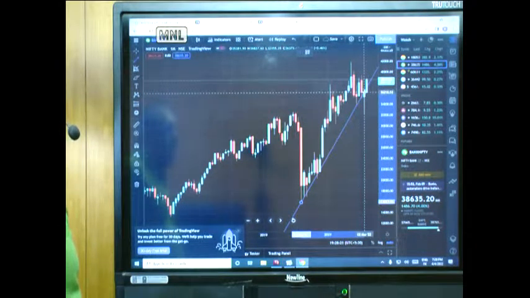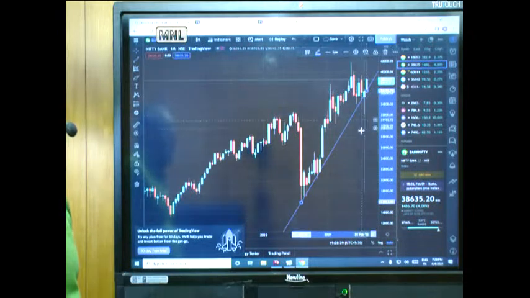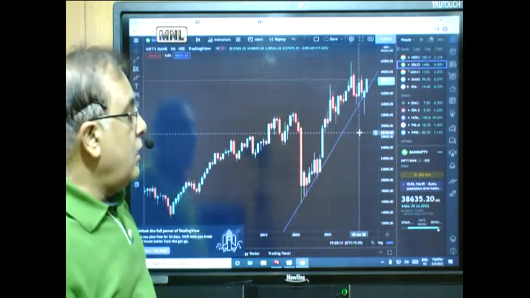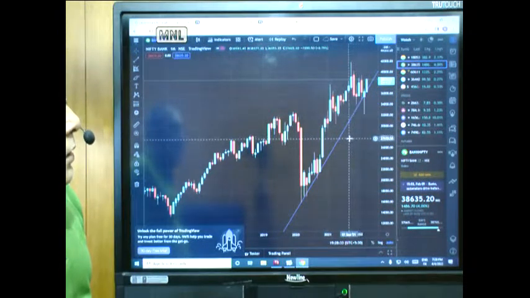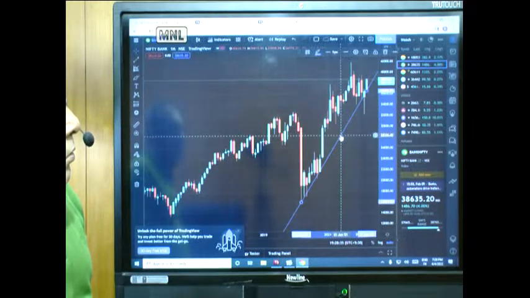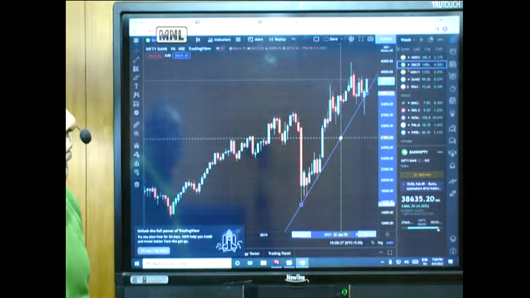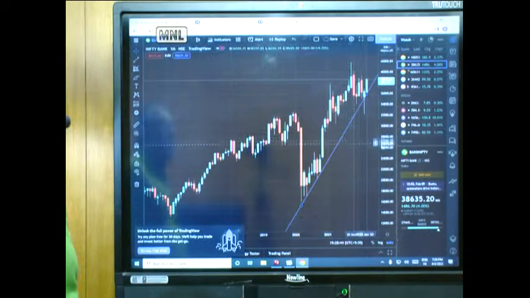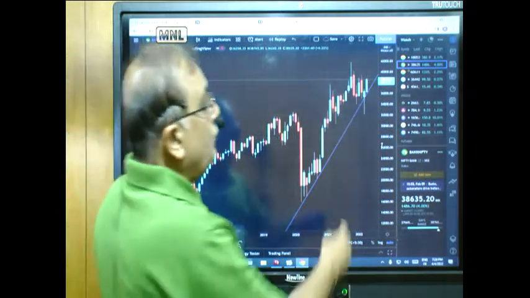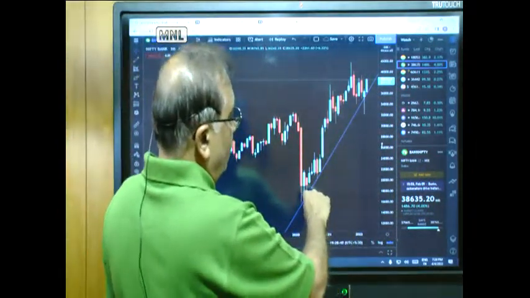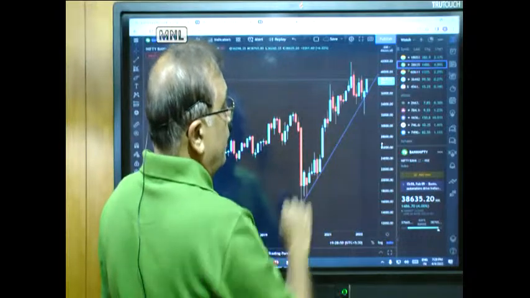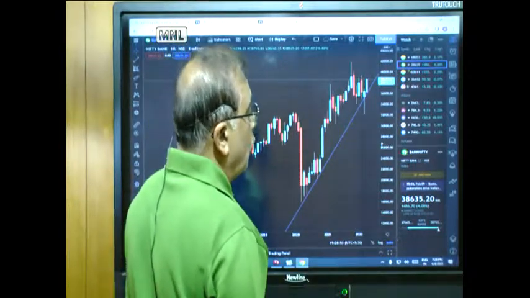So this level, once it started, it was between these two important lows.